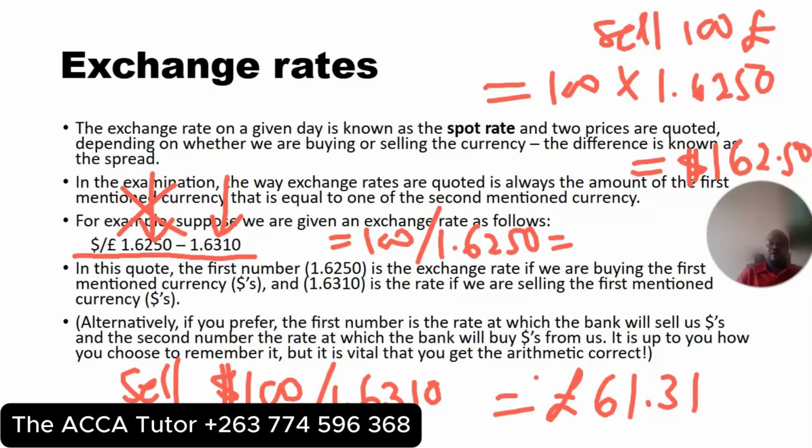We are going to get 61.54. So you can see that we are going to get a lot of pounds, higher pounds than these ones. So this one is wrong. That's wrong. Okay, we do not do such a thing. Why? Because all the time the bank has to benefit. Are we together, ladies and gentlemen?